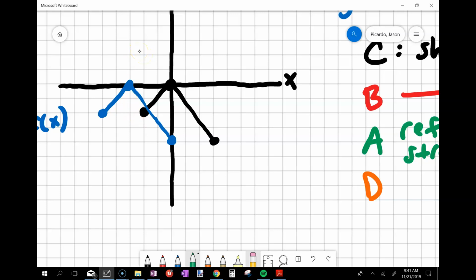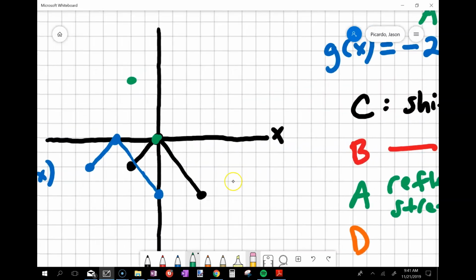And then it stretches it, doesn't it? Right? This point right here has a y value of what? 0. What's 0 times -2? 0. It doesn't move at all. This point right here has a y value of -4. What's -4 times -2? 8. So that's going to move up to 8.